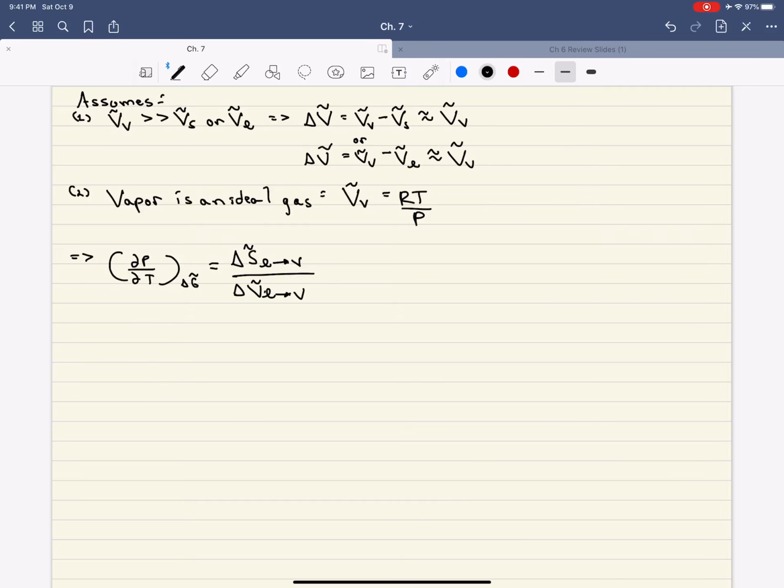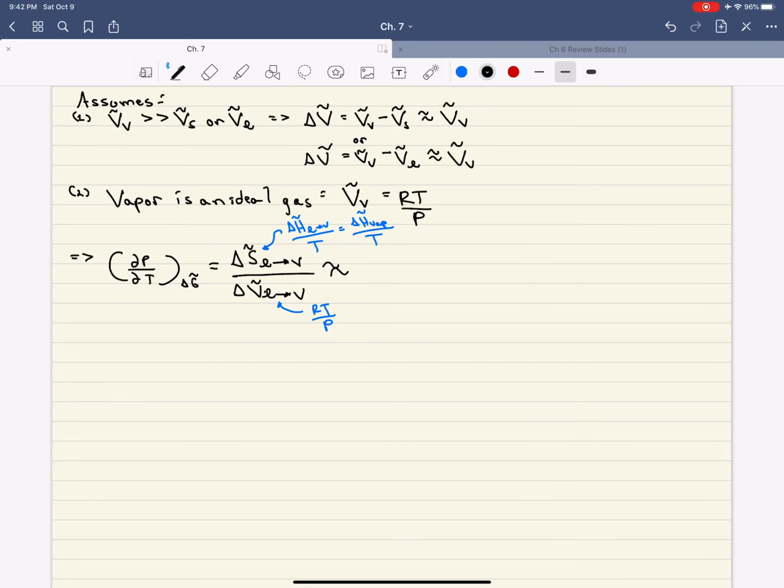And if you remember from our discussion on the temperature dependence of delta G, we saw that delta S is equal to delta H over the transition temperature, which for the purposes of this exercise I'll just call T. So the liquid to vapor transition is delta H vap. And then if we assume this is an ideal gas, the volume is just RT over P.